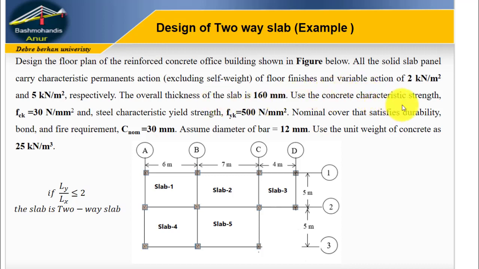Use concrete characteristic strength fck equals 30 Newton per millimeter square and steel characteristic yield strength fyk equals 500 Newton per millimeter square. Nominal cover that satisfies durability, bond and fire requirement, c nominal, equals 30 millimeter. Assume diameter of the bar equals 12 mm. Use unit weight of the concrete as 25 kN per meter cube.